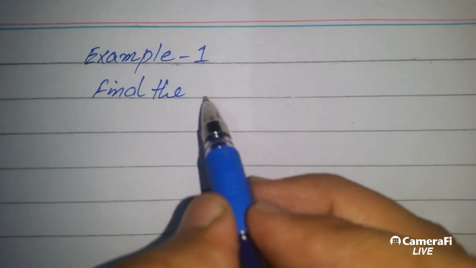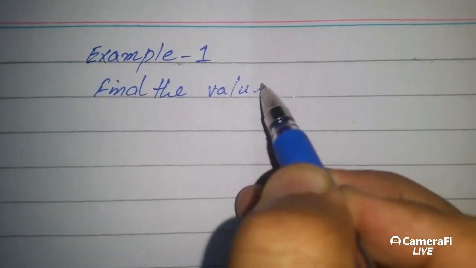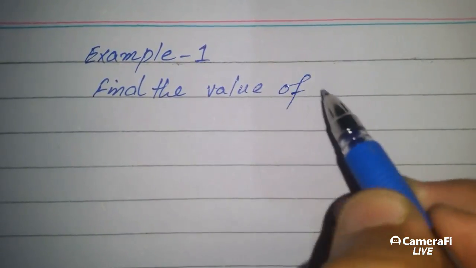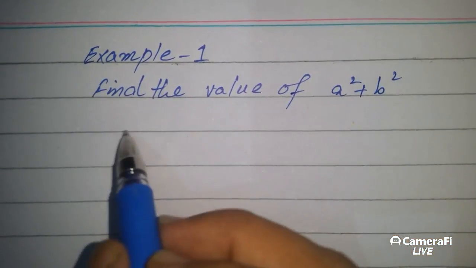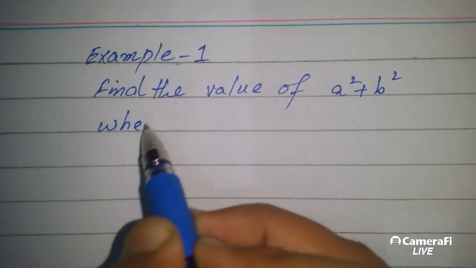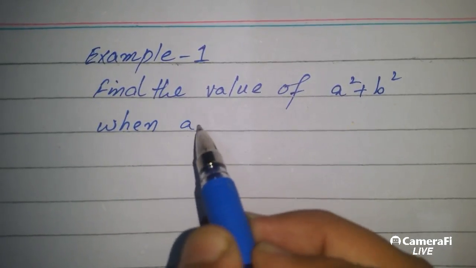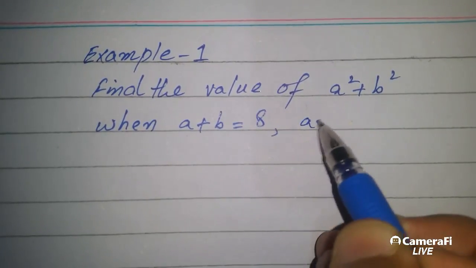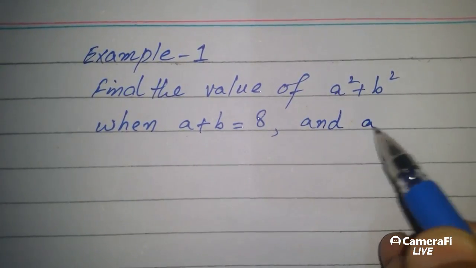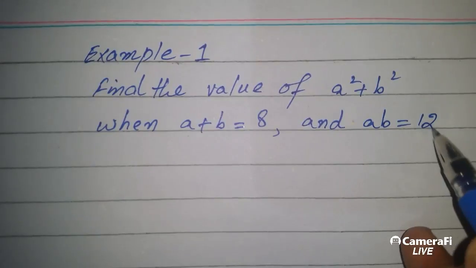Find the value of a square plus b square when a plus b equals 8 and ab equals 12.